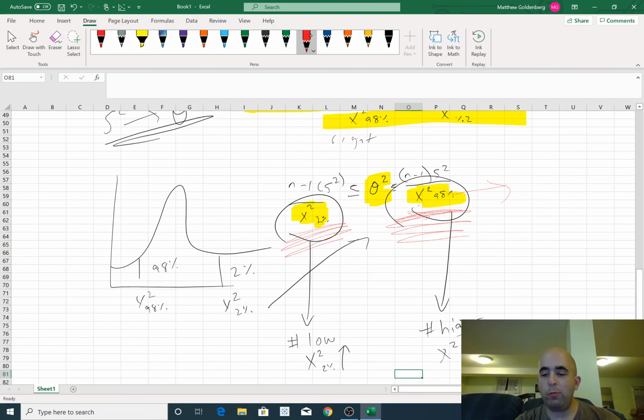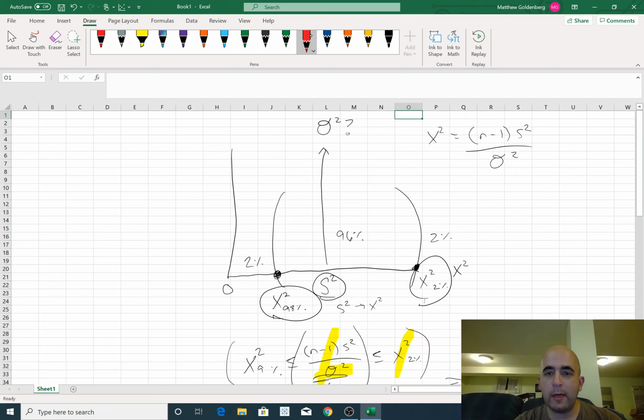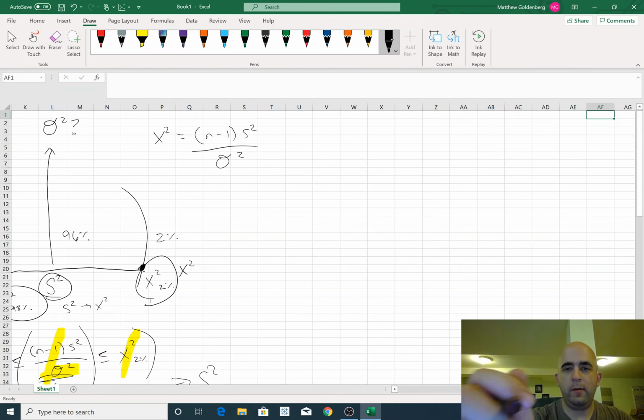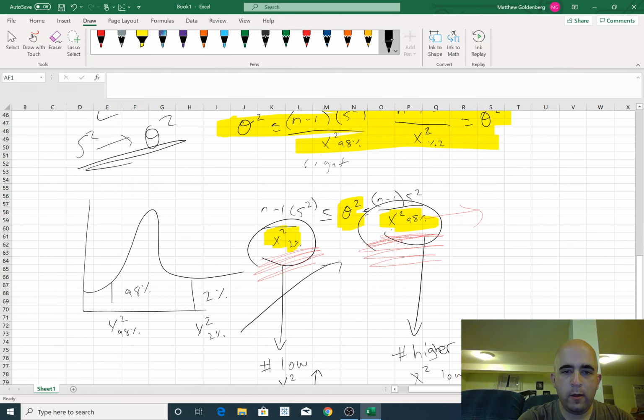And you can actually rewrite the confidence interval equation that you use with the chi-squared formula. You can rewrite it to look like this. And let me just make sure I get the math right.